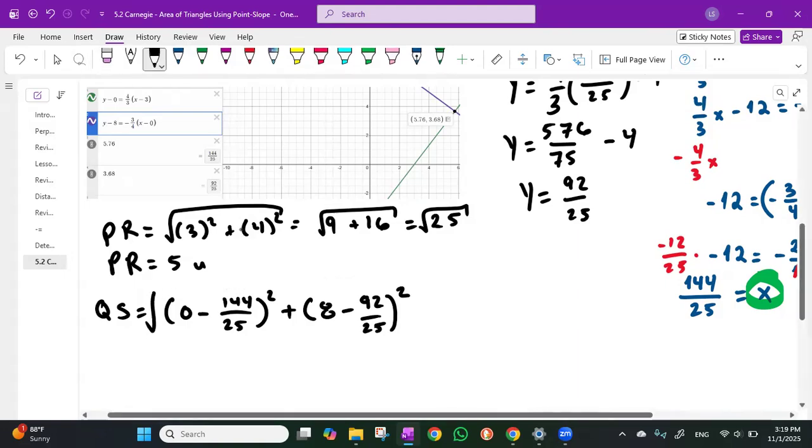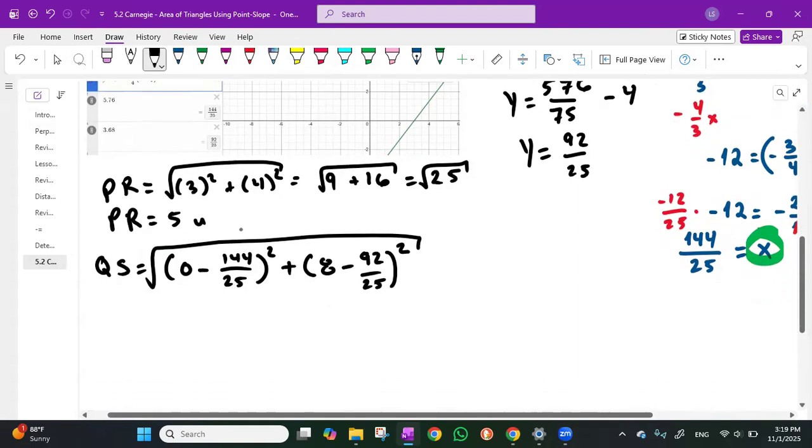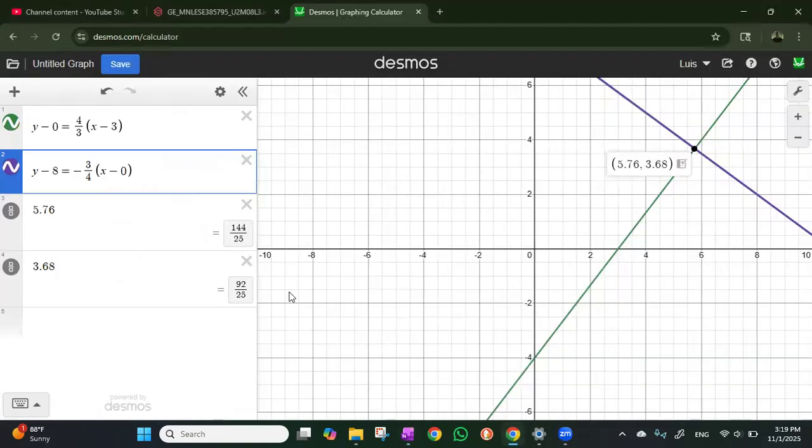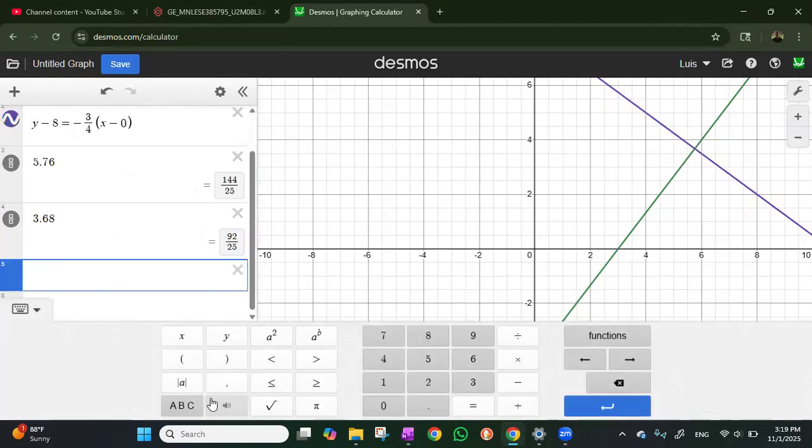And this is from the distance formula, not the Pythagorean theorem. So what can we do here in case we don't know what the decimal is? Again, just go to decimals and just use the square root that you have there.